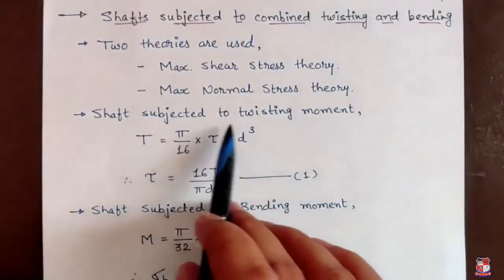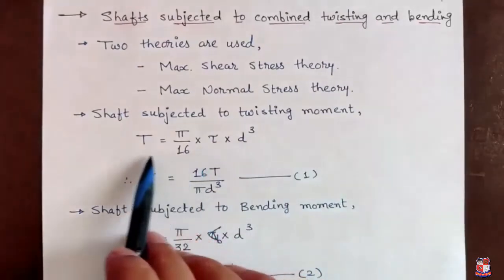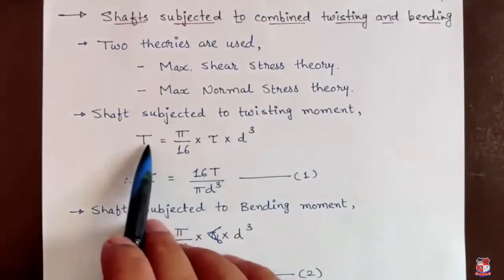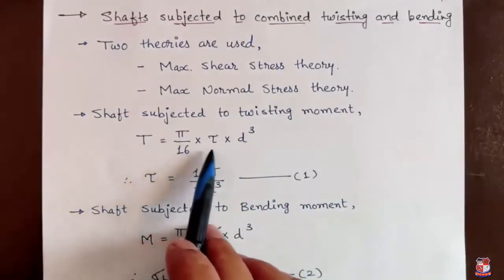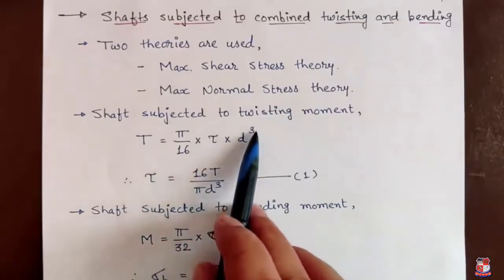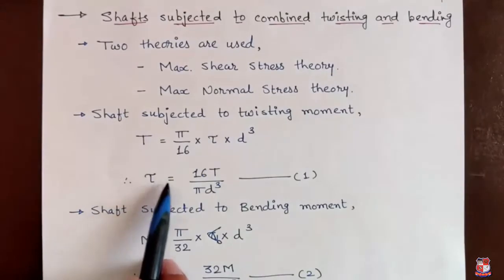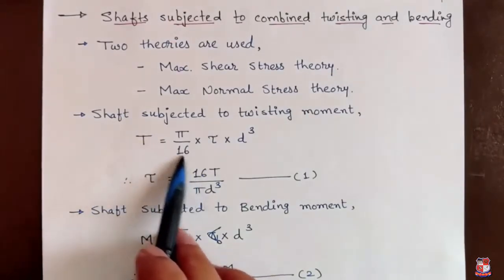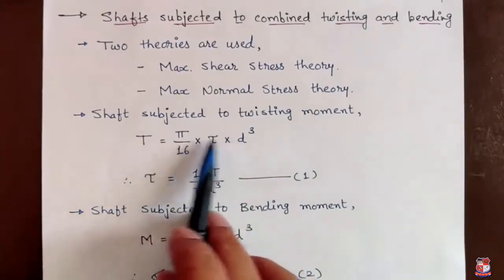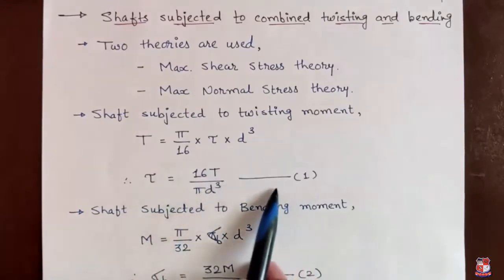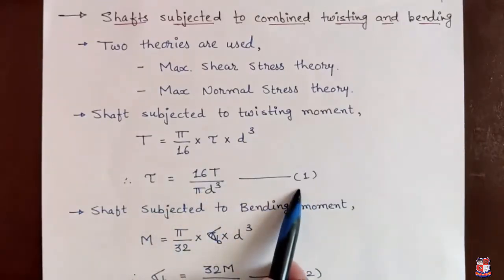Now shaft subjected to twisting moment, we are having the equation of torque, that is T is equal to pi by 16 into tau into d cube. We can modify this equation, that is tau is equal to 16 into T divided by pi into d cube. This will be our equation number 1.